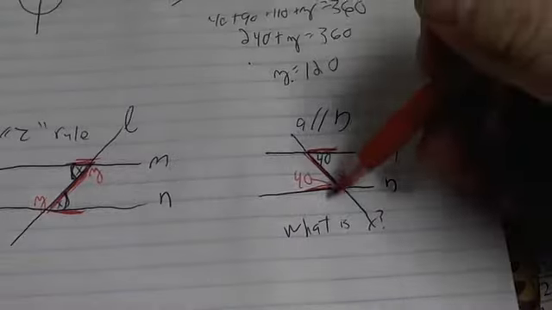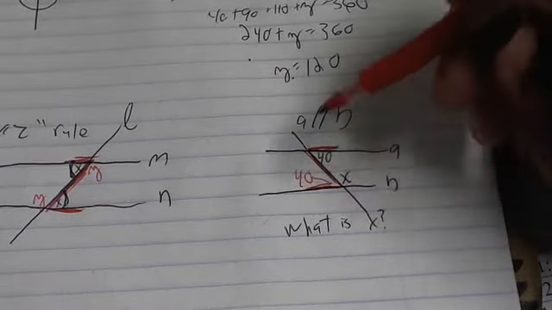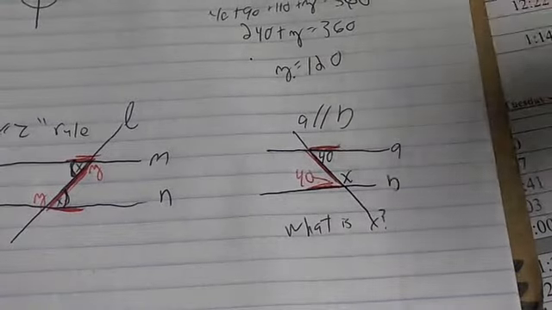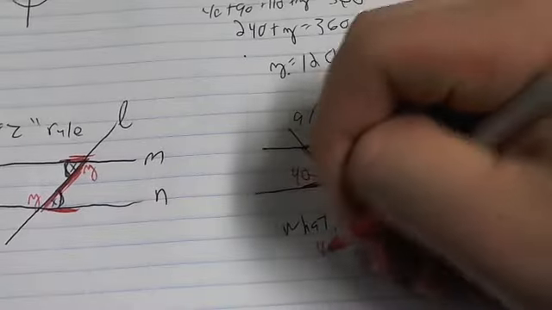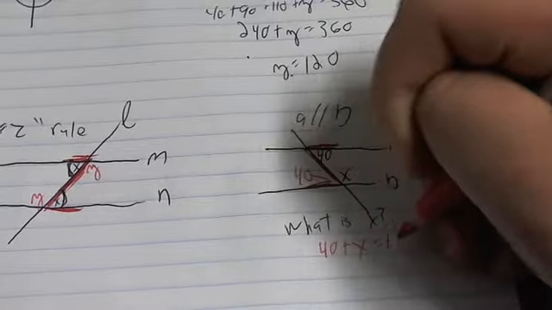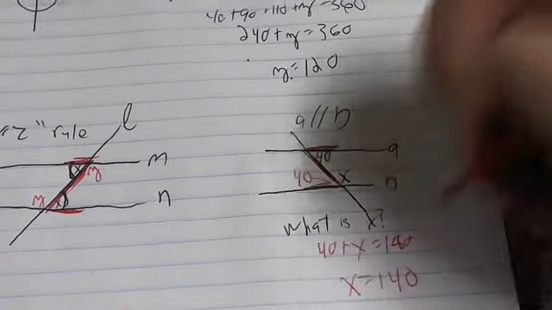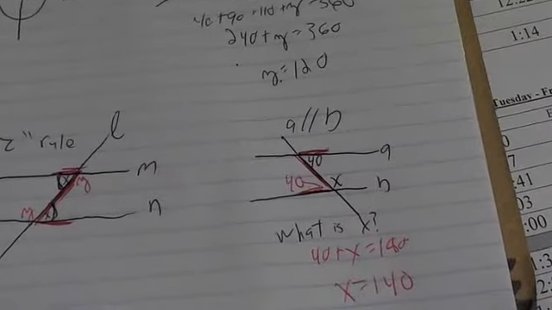Now they're on a straight line, so x plus 40 has to equal, hopefully you said, 180. So 40 plus x equals 180. So x is equal to 140. Pretty simple. That's pretty much the easiest thing.